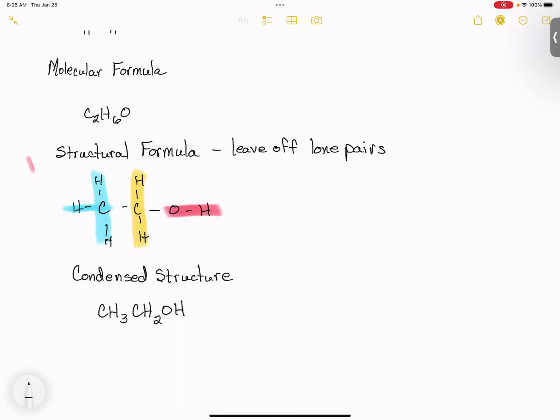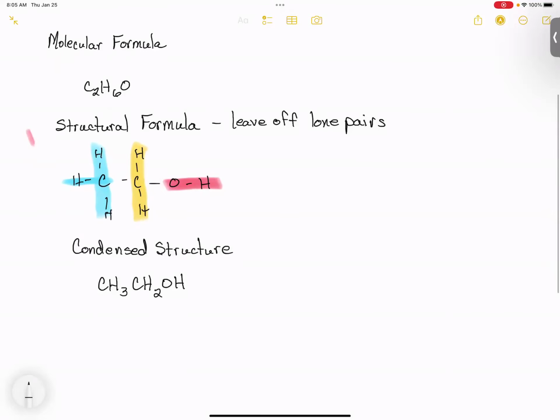Now, these condensed structures can be written this way, or you might even see them written as CH3, CH2, OH, where you actually see the OH bonds. But still, you're writing out every single element and showing pretty much where it's connected.